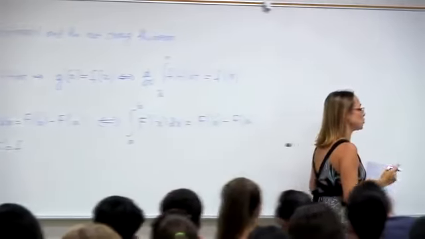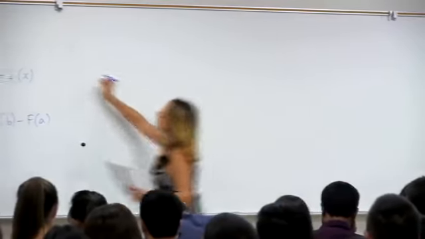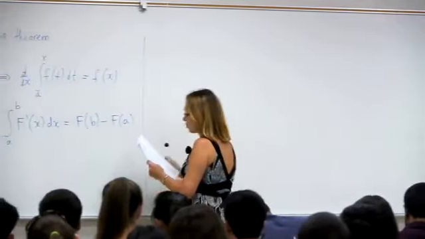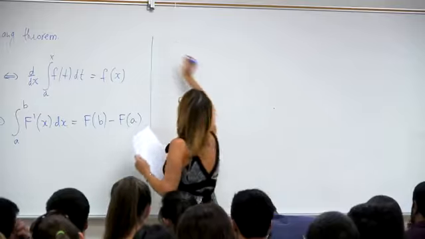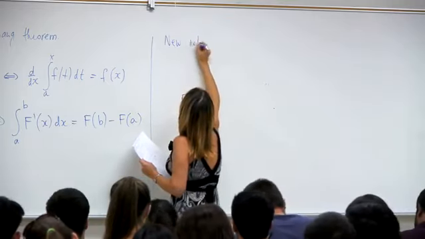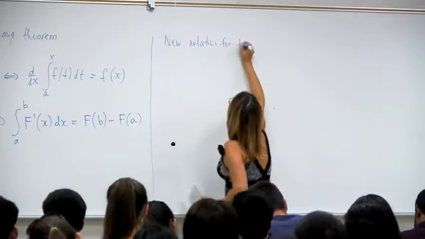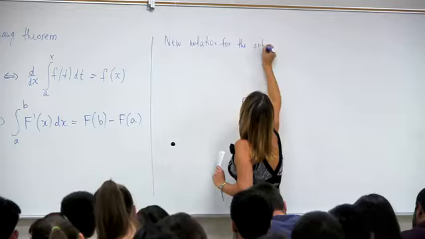And they also motivate a different notation for an antiderivative. So you probably know it from before, but we'll say here that we have a new notation for the antiderivative.